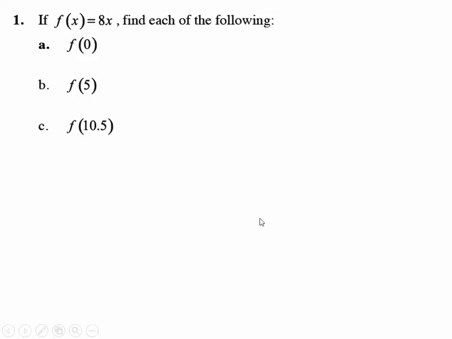Alright, with that, let's go for it here. If f of x is equal to 8x, can you find the following for me? And again, this is probably the easiest, simplest way that we've found to talk about numbers, as far as a number going in and then a number being the output. A lot of different notations in the history of mathematics, but this is the one that's sort of stuck.